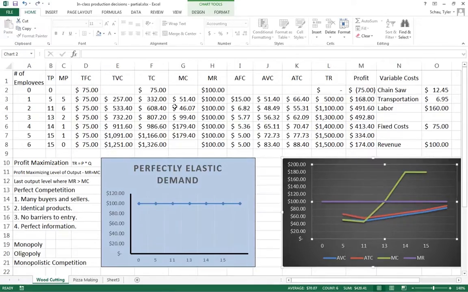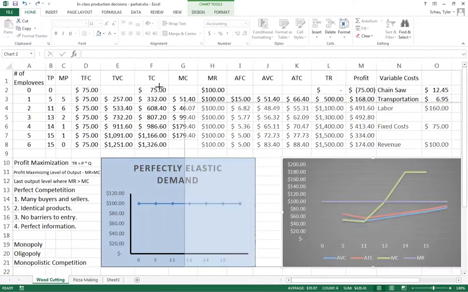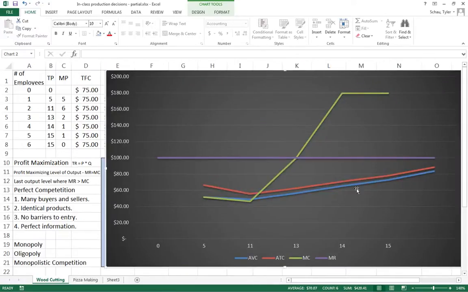Oops, let me undo that, and then let me do this. Make it full size for just a second. One of the interesting things, if you recall, we've mentioned before that the marginal cost curve will intersect the average total cost and the average variable cost at their lowest points.